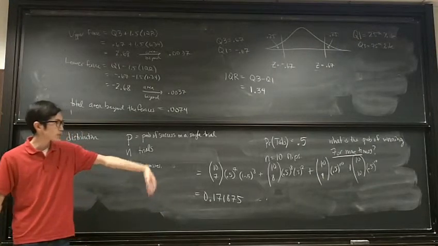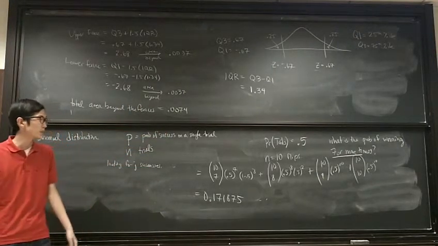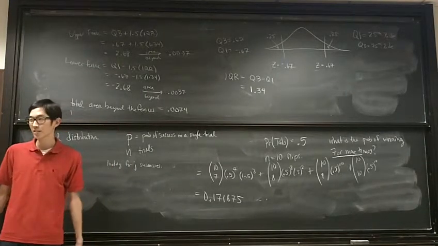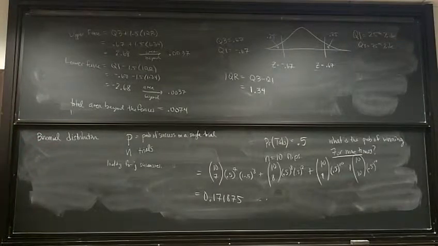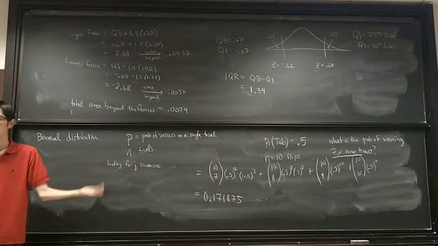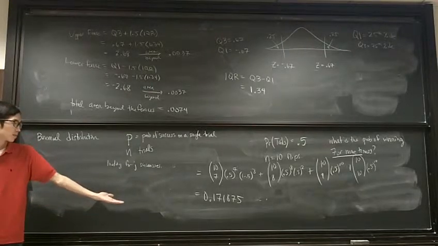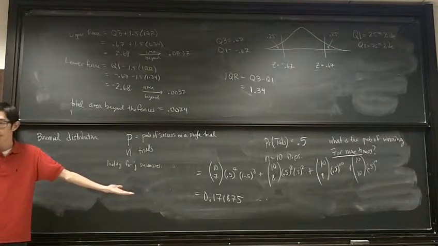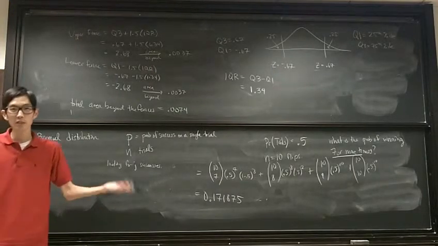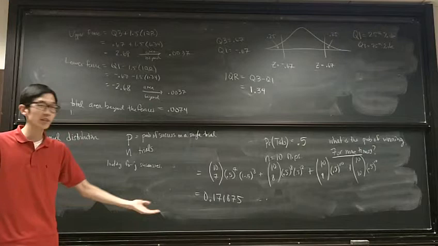So this is the probability of winning 7 or more times in 10 games of casino coin flip. Basically, this is the probability of seeing 7 or more tails if I flip a coin 10 times. So that's 17.18%. It happens about 17% of the time if you flip a coin 10 times.